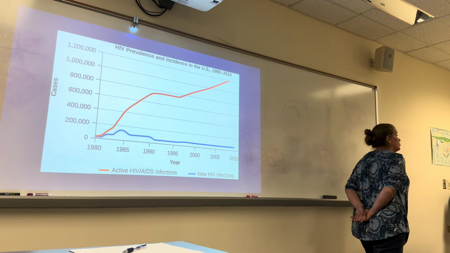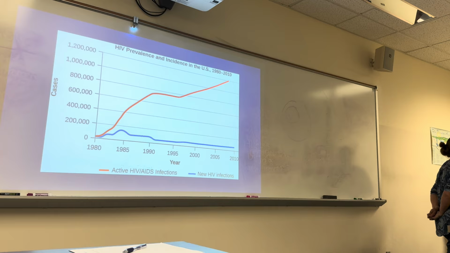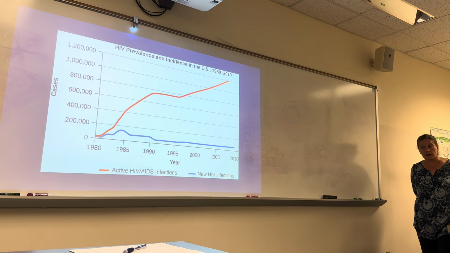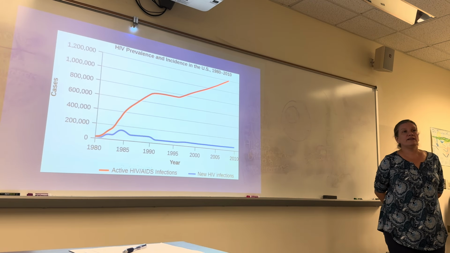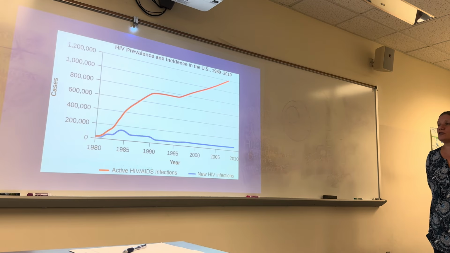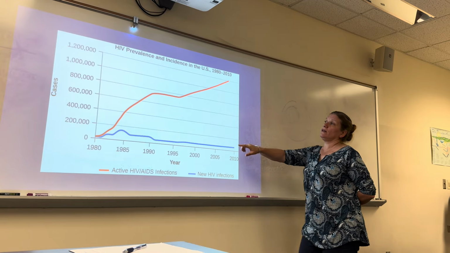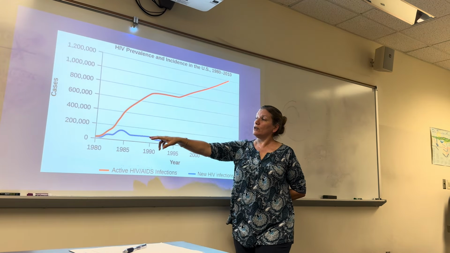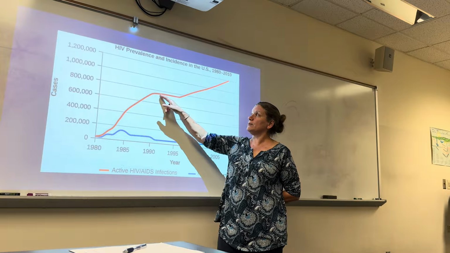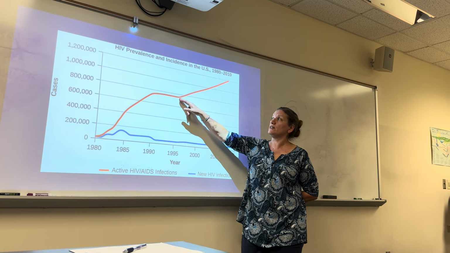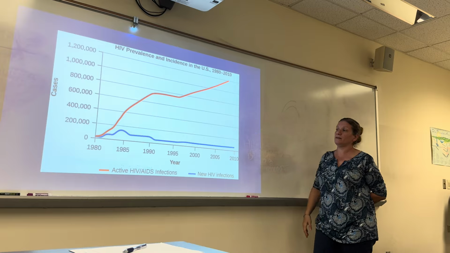And you can see that they're not going to follow the same pattern, right? In this case, you'll notice that the total number of people in the U.S. that have HIV is continuing to rise. So it rose for a period of time, seemed to stabilize based on this data, and then starts rising again.